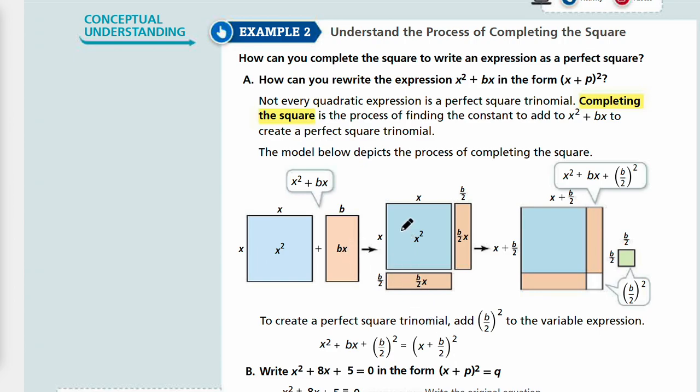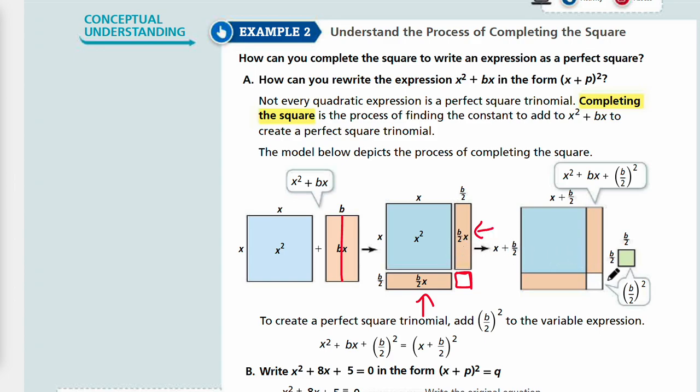So we can cut this in half, and then we can put it over here on the right side of the x squared, and then on the bottom of the square that we have for x squared. And then we just need a little bit of a square here in order to make a perfect square that's added to x squared, right?